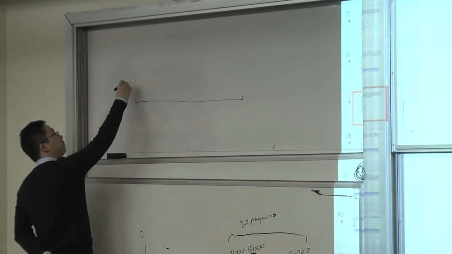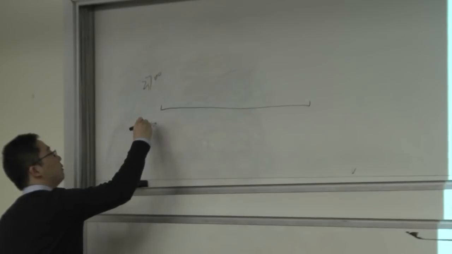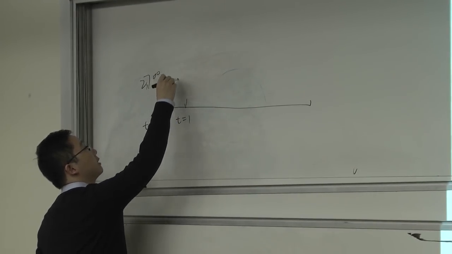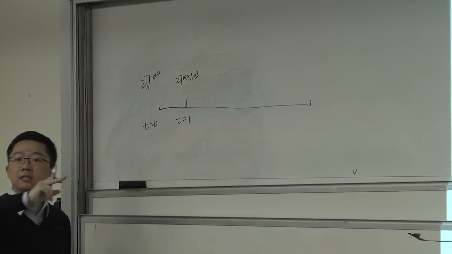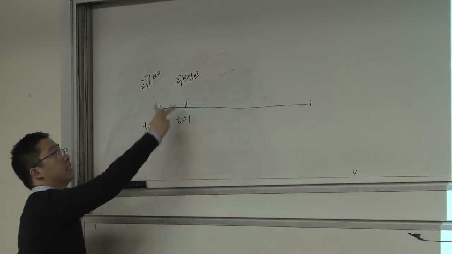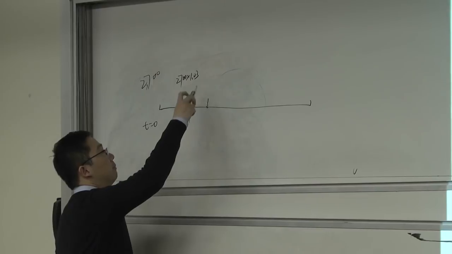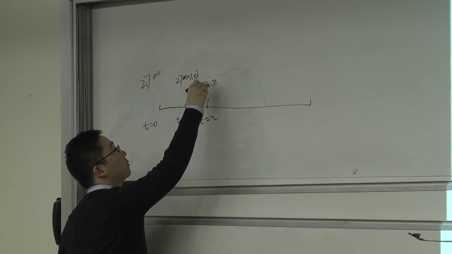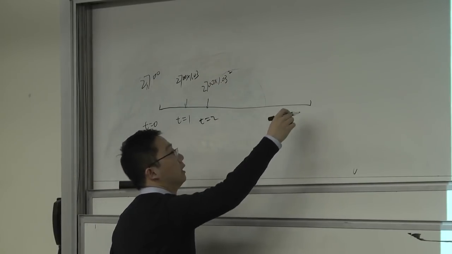Or we can draw a timeline. So using that method, the beginning balance is 2,700, t equal to 0. And the balance at the end of the first year is 2,700 multiplied by 1.03, right? And the interest you earn from the first year is that minus that, $81. Same thing, t equal to 2. The balance at the end of the second year is that, to the power of 2.